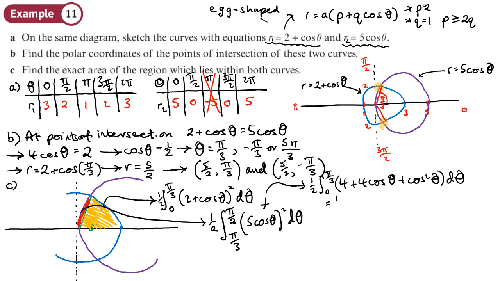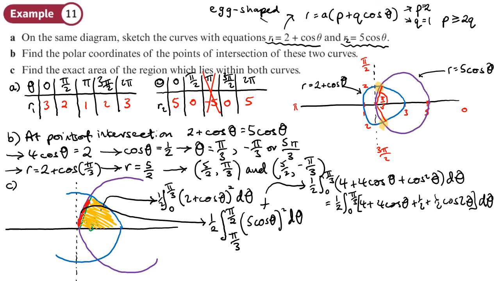If I make that substitution, I'll have 4 plus 4 cos theta plus half plus half cos 2 theta, which I'll integrate in a minute.